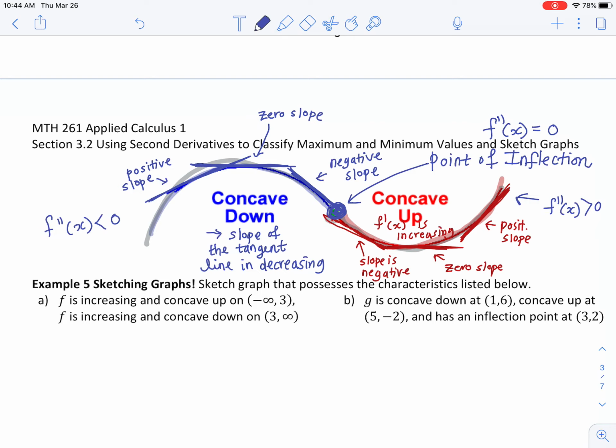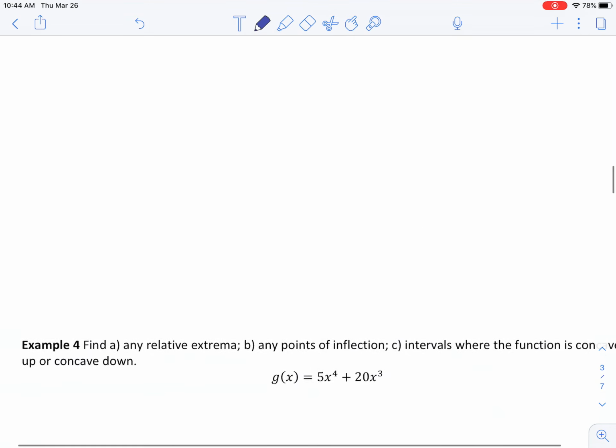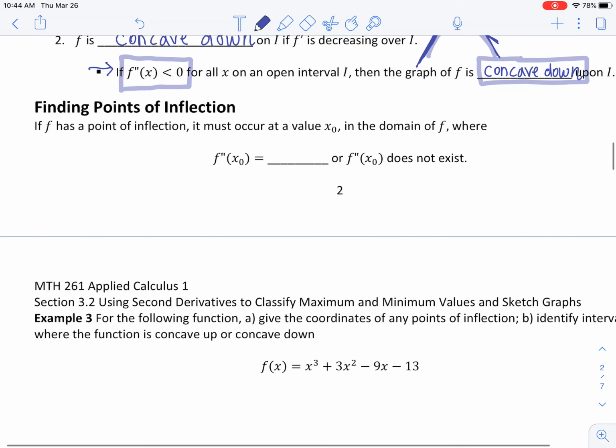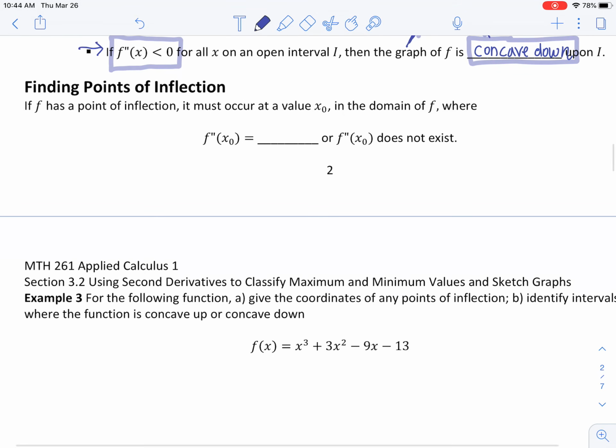Well, the point of inflection will be the point where the second derivative is equal to 0. So let's fill that out and find some of these. f has a point of inflection that must occur at a value x naught in the domain of f where the second derivative is equal to 0 or where it doesn't exist.